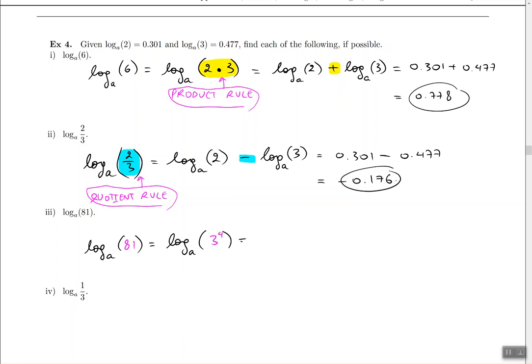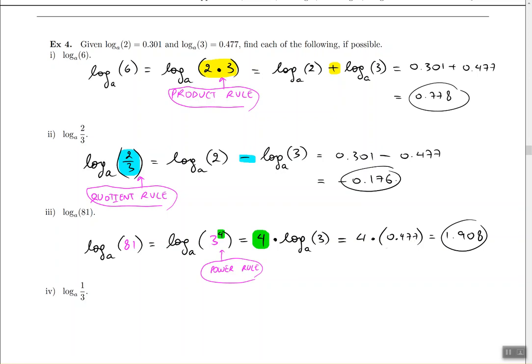Because there's a rule called the power rule, which allows me to take an exponent and write it in front of the log. So I can move the 4 to the front and write log base a of 3. What's between the 4 and the log? It turns into a product. This is called the power rule. The log base a of 3 is 0.477, so 4 times that amount is 1.908. That's the final answer. Like I said, I'm going to stop the video here and start a different one for the rest of the problem. I hope this made sense so far.